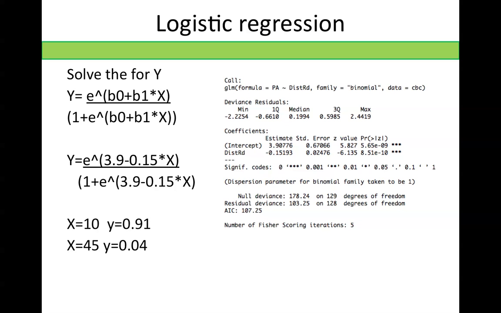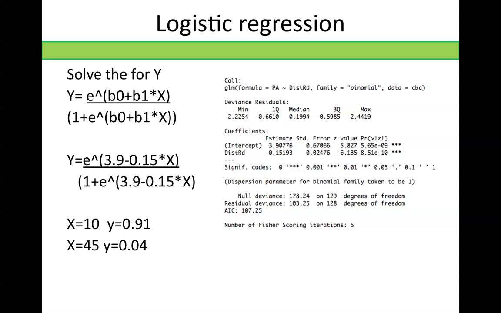If we were using this to model the distribution of a flower, the probability of occurrence would be 91%, or 0.91. And then if we did the same thing using 45, so 45 meters is the distance from road, we solve the same equation, we get a probability value of 0.04.